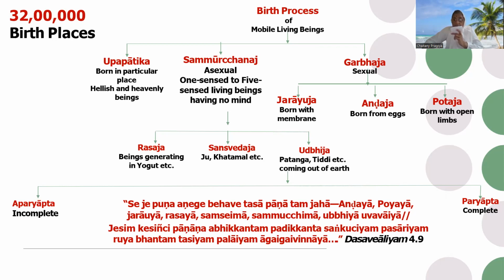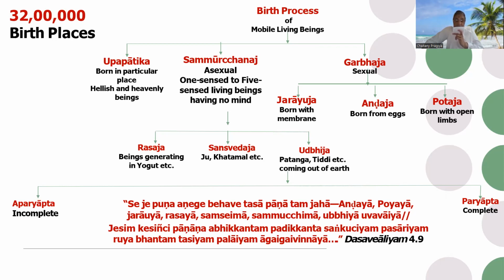And next is Potaj: all the animal beings take birth with open limbs. So you can see that the birth process is very different in all the different types of sexual living beings.